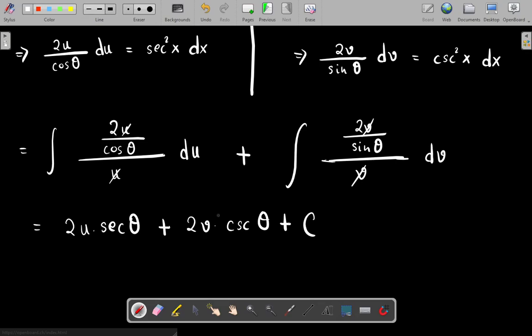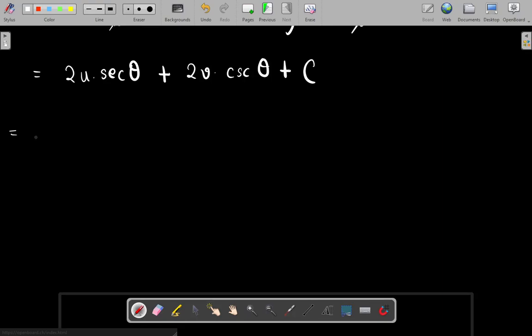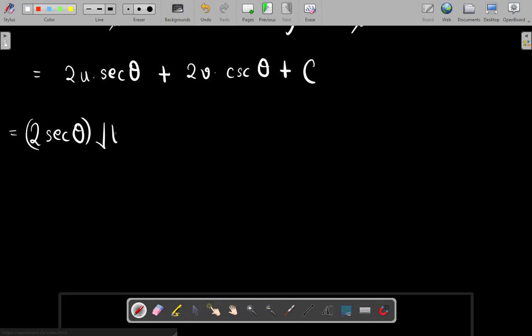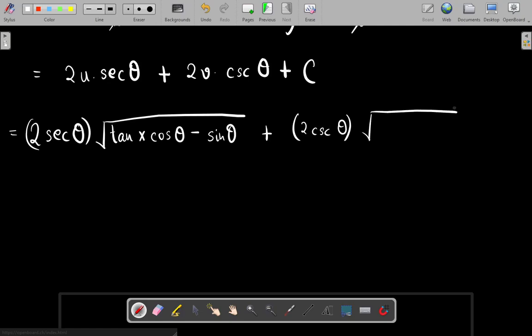Okay, so now we need to do the back substitution here for u and for v. On doing that we get 2 sec theta times u was square root of 10x cos theta, 10x cos theta minus sin theta, plus 2 cosec theta times square root of what was v?